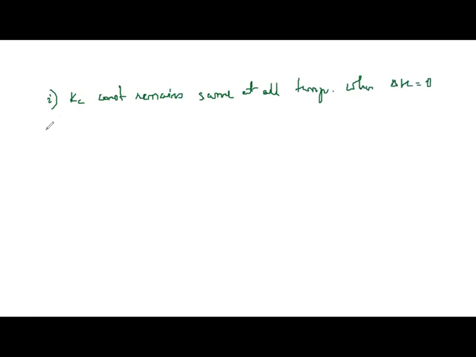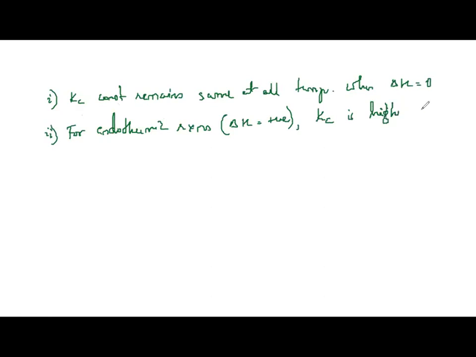Second, for endothermic reactions, where delta H is positive, the equilibrium constant is higher at higher temperature.